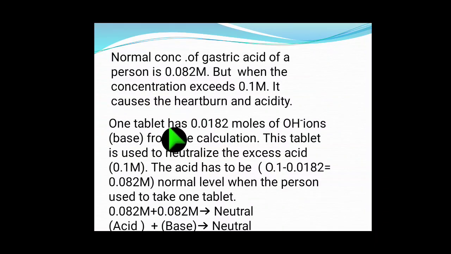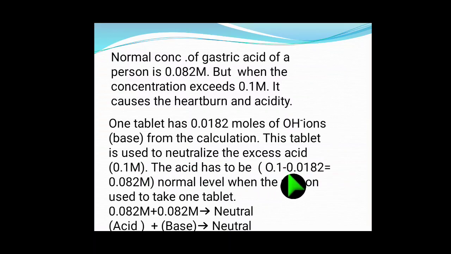One tablet has 0.0182 moles of OH minus ions from the calculation in the table. That value from one tablet is used to neutralize the excess acid of 0.1 molar.